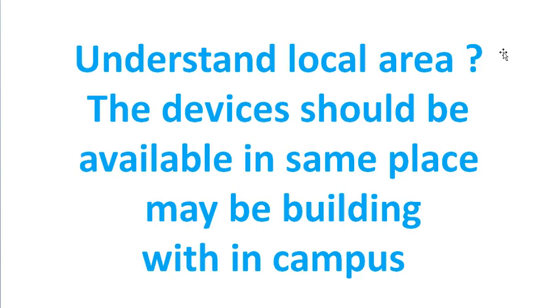So local area means these are all within the campus. We call it one group of local area, another group of local area. So VLAN means identifying those different local groups of devices logically through the network devices.